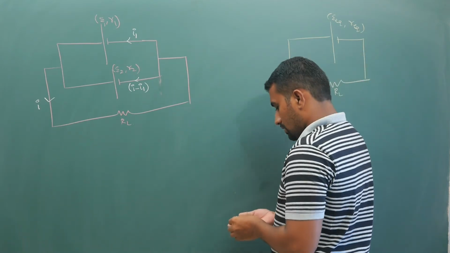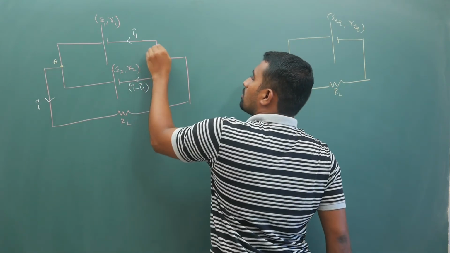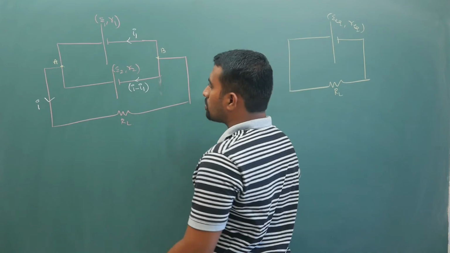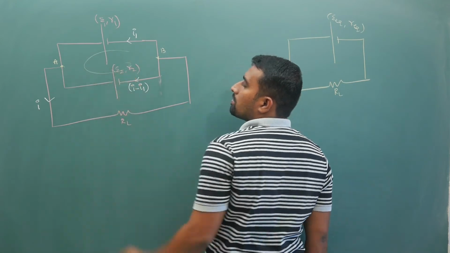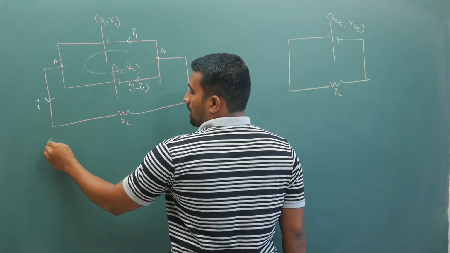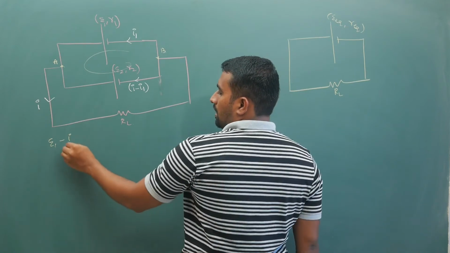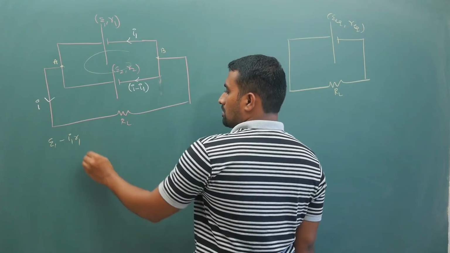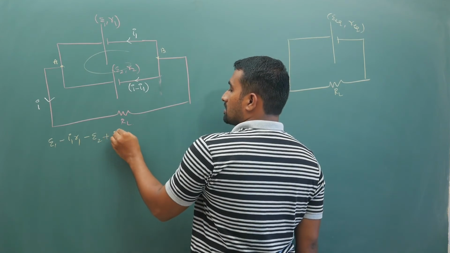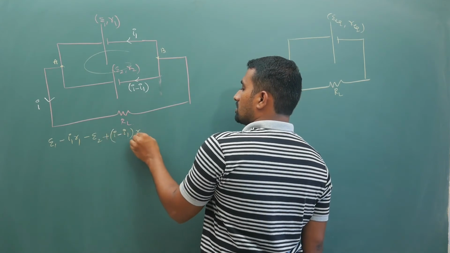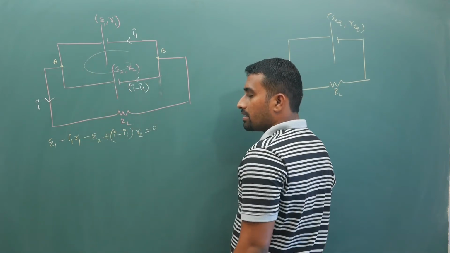So your first equation is, if I travel from A to B through the top part and the bottom part, applying Kirchhoff's law only in this part: E1 minus I1 R1 minus E2 plus (I minus I1) into R2 is equal to 0. Only in this top part am I applying Kirchhoff's law.